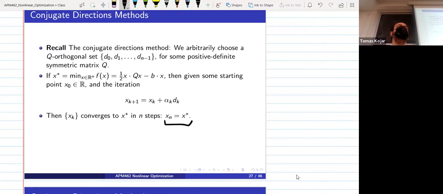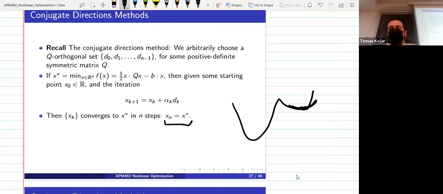It's just n steps. Gradient descent can take infinitely many steps. For example, if it encounters a valley, you're done. Gradient descent will just get trapped over here. But this method doesn't care.